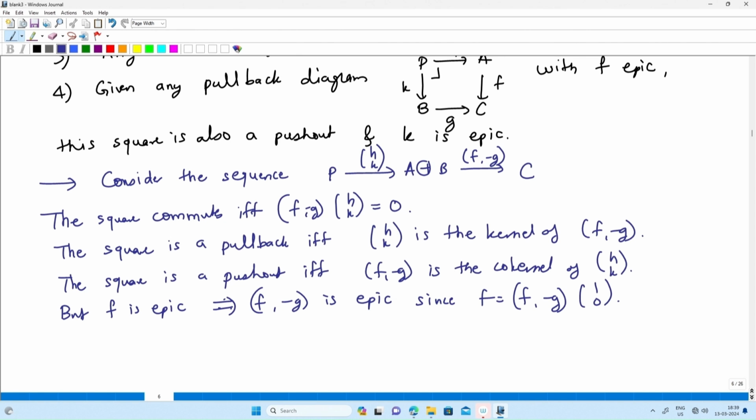Okay, so then what do we get? F is epi, plus the square commutes, and the square is a pullback.